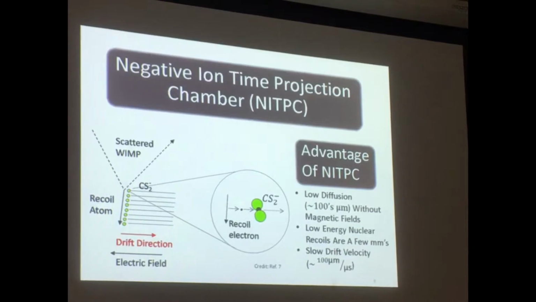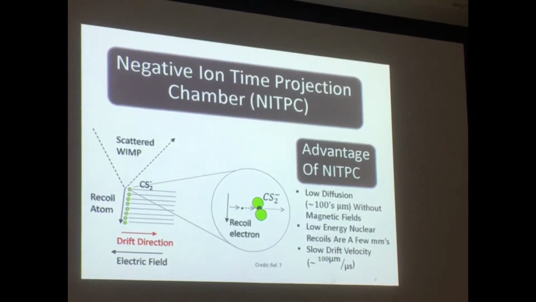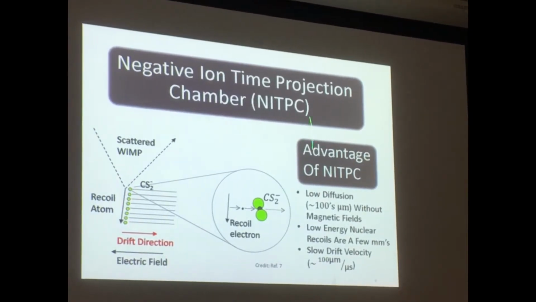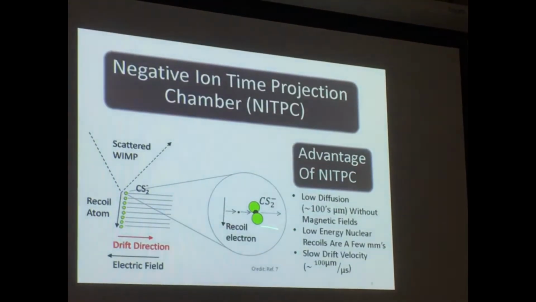Normally the electrons would be drifted in the uniform electric field to the readout, which would be over here.